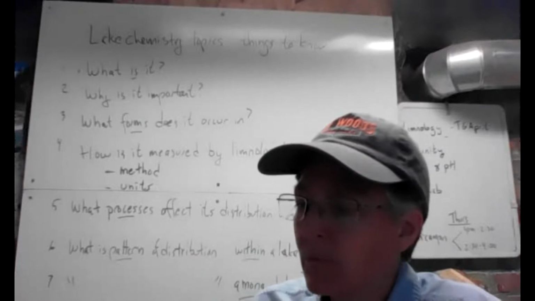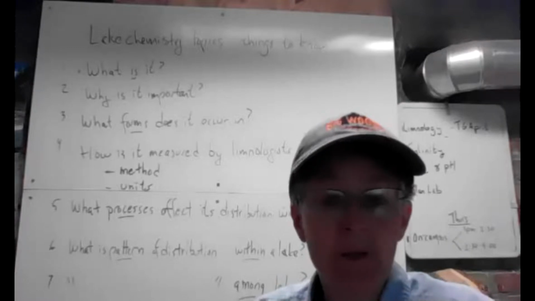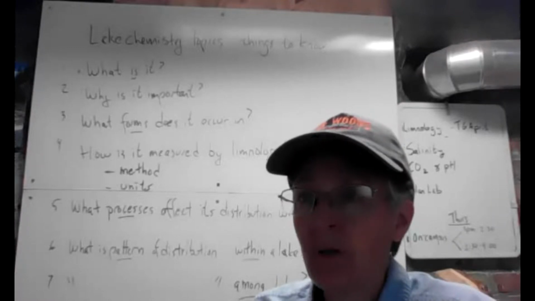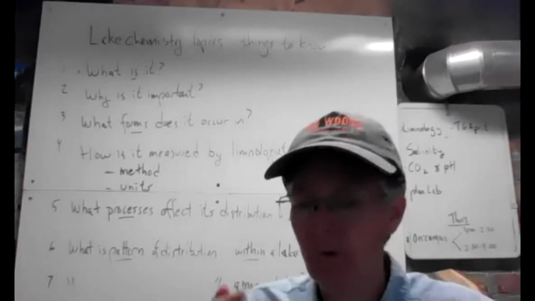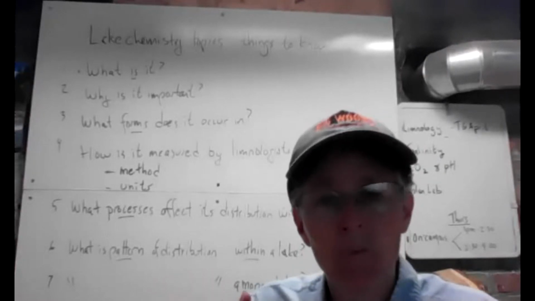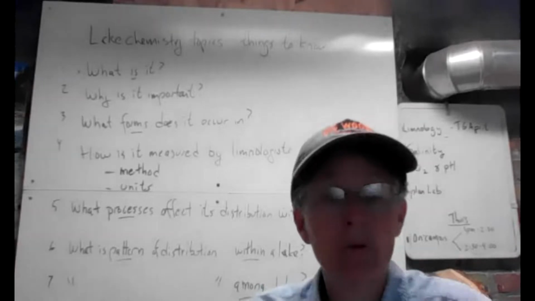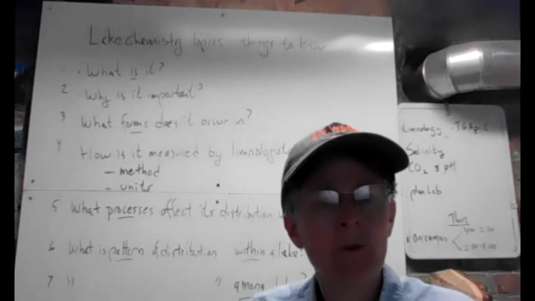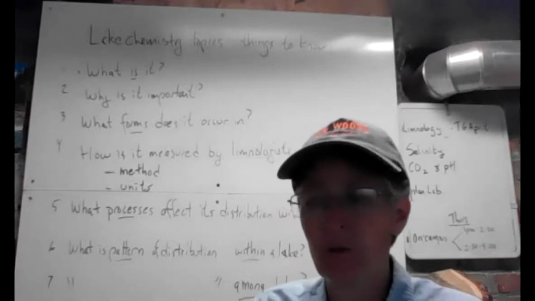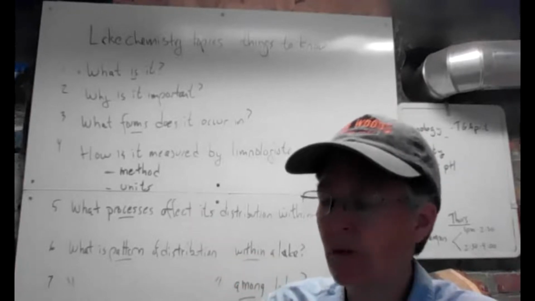We want to know what different forms it can take. If we are talking about a chemical element like phosphorus, we want to know what different forms phosphorus takes in lakes. If we're going to talk about inorganic carbon, not only what is it, but what are the different forms of inorganic carbon? That's what I mean by forms.